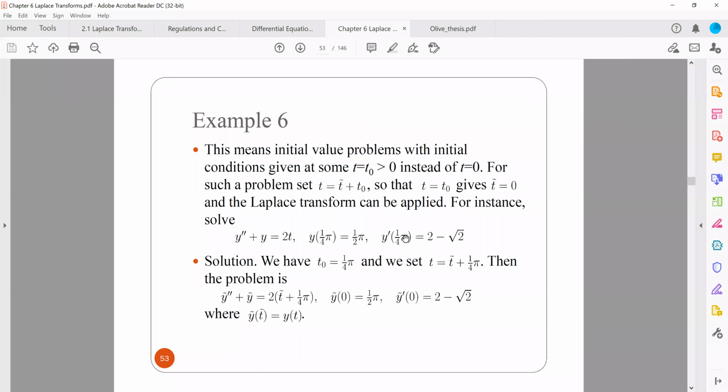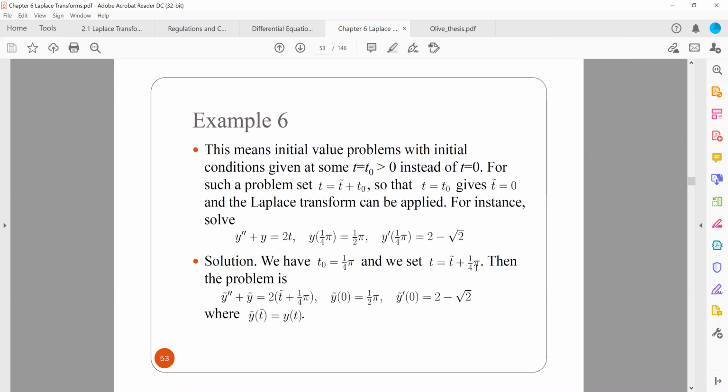What we usually do for such a problem, we'll set our t equal to t tilde plus t naught, so that t is equal to t naught if t tilde is 0. In our case, it isn't 0. In our case, t naught is a quarter pi. So our actual t is going to be t tilde plus a quarter pi.